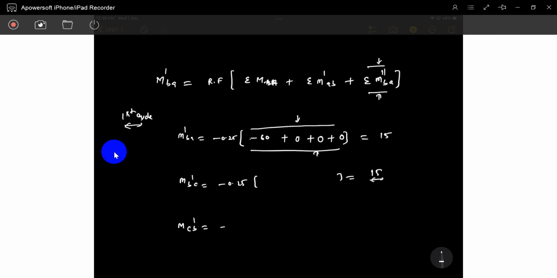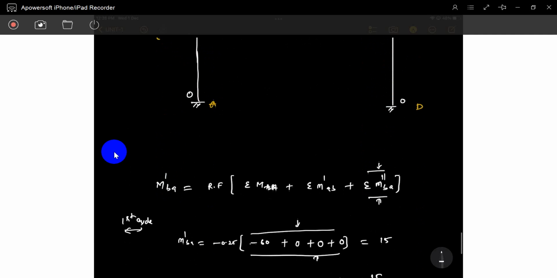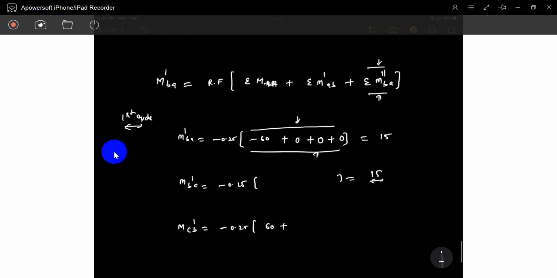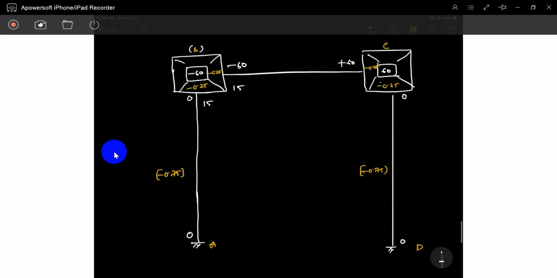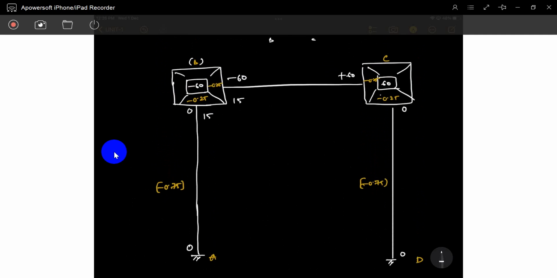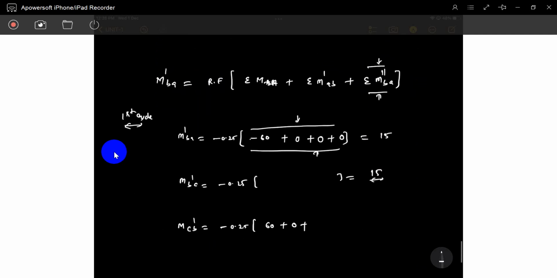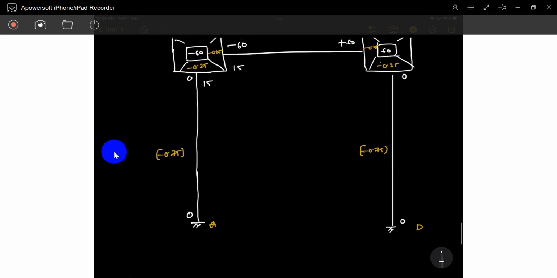MCB, same 0.25. Sum of the fixed end moments is what? 60. Rotational contributions from far end, from the D is 0. From the B already calculated.